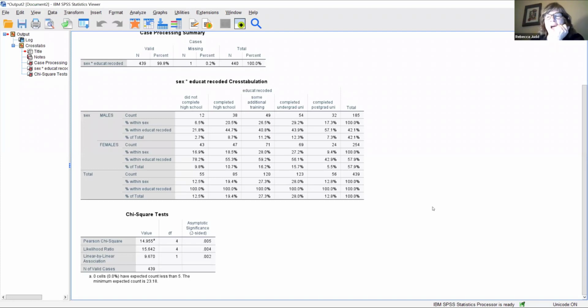So don't forget, this is the output. Right here we have our case processing summary. So we have sex with education is 439 right there. This right here says 440, and the reason it says that is because I accidentally put an extra one in here.